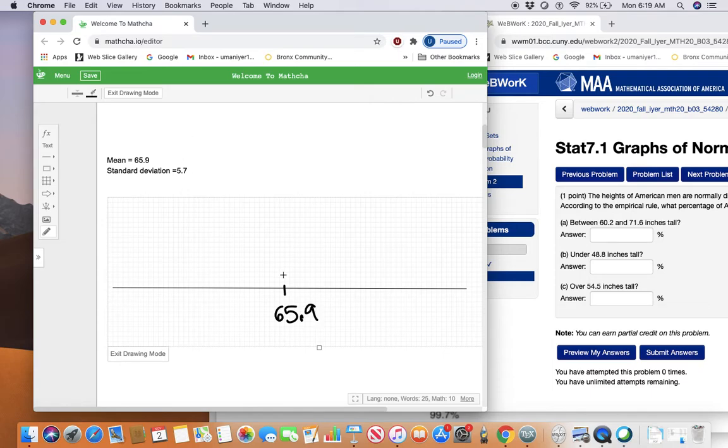If you subtract one standard deviation, you bring it here; if you add, you bring it there. Subtract two standard deviations, you have some number there; add two, another number. Subtract three, add three, and so on.